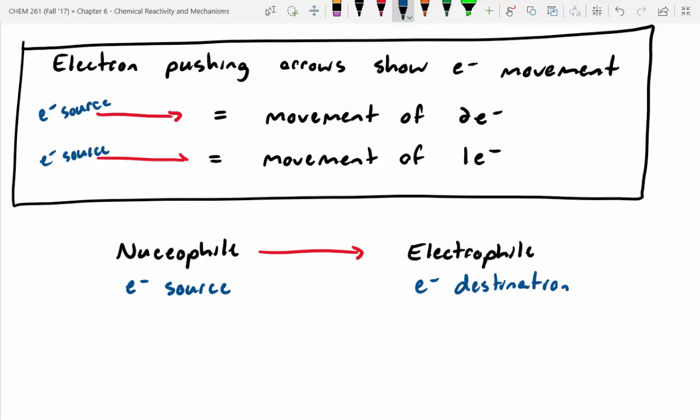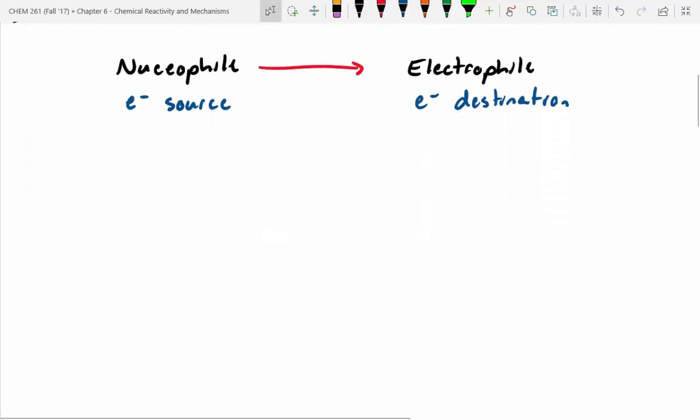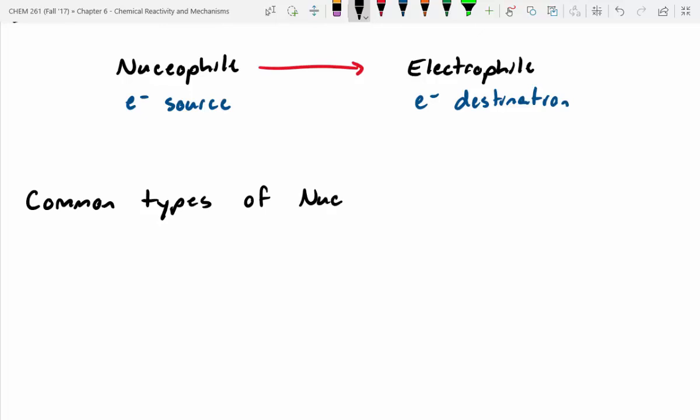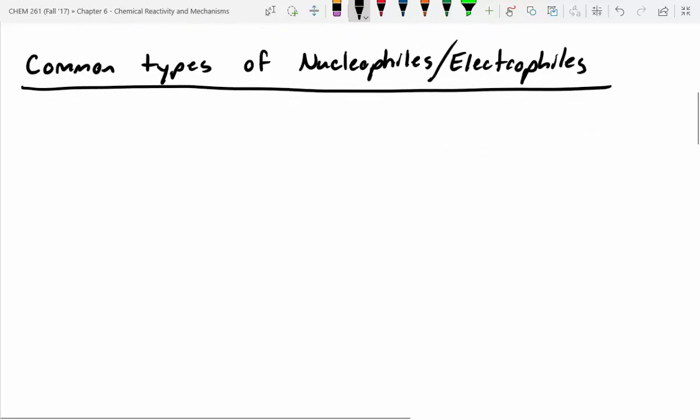All right, so let's try to break these apart. So characteristics of nucleophiles and electrophiles. I'm going to put nucleophiles on the left-hand side, and I'm going to put electrophiles over here.